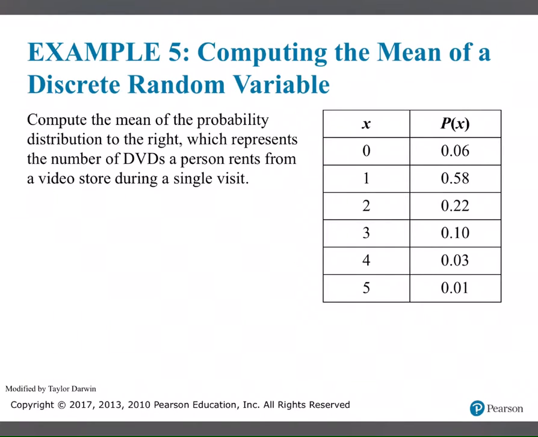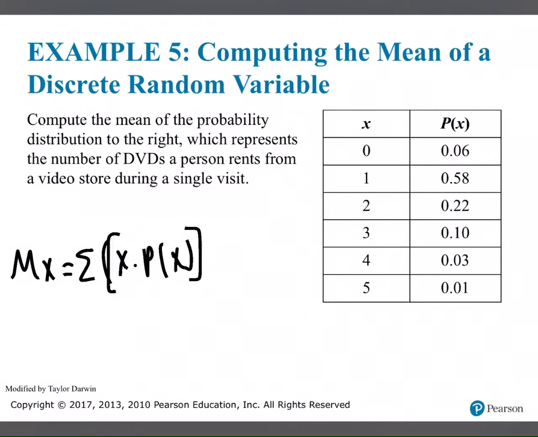So according to that formula, I need to take the sum of x times p of x. So what I'm going to do is I'm going to create another little column here. And I'm going to multiply x and p of x and then add them all up.